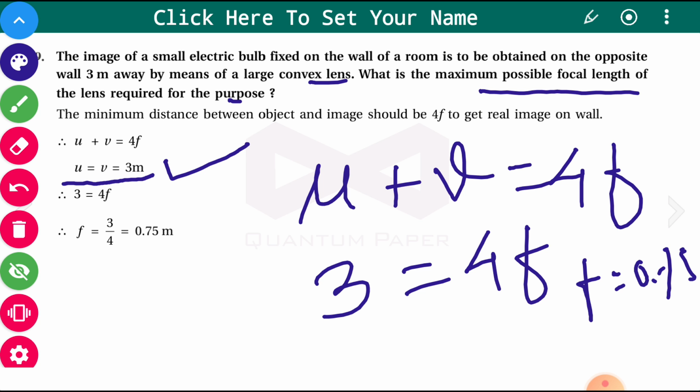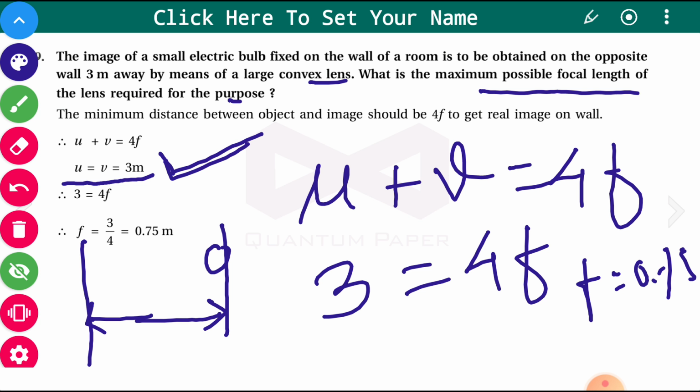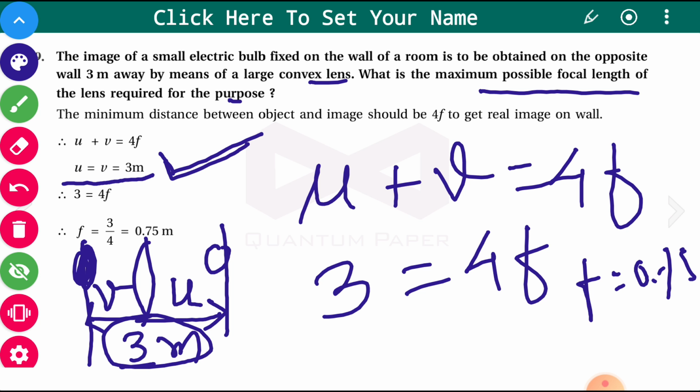It should not be u equal to v, it should be u plus v, because wherever you keep the lens, say the bulb is here and the opposite wall is 3 meter away, the image is going to be produced on this wall. So the distance of object and distance of image, in any case, add up to 3 meter.